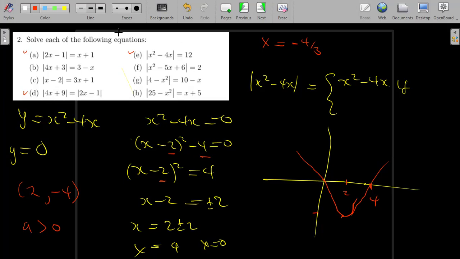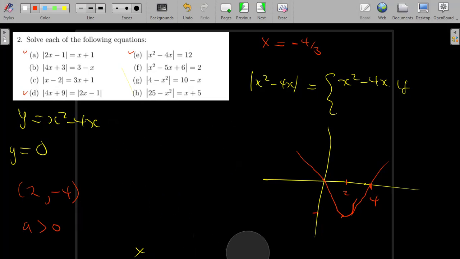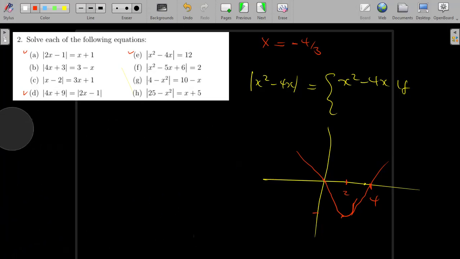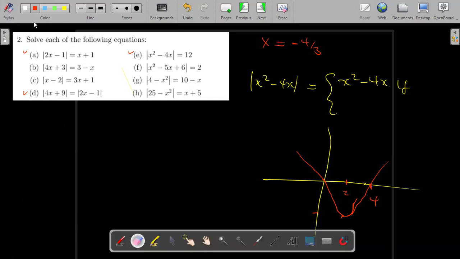But now, because we are dealing with a modulus, what does that mean for us? It means everything that is in the negative region has to be reflected in the positive region. I would draw that now to say that the graph which we are finding here has to be reflected in the positive region.